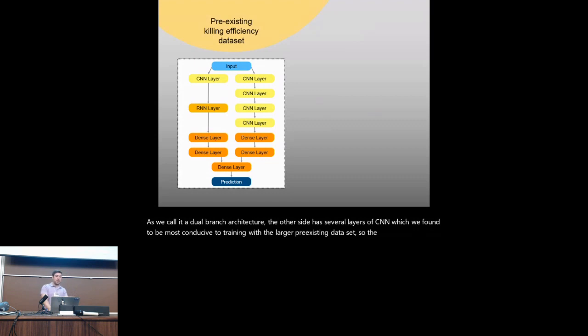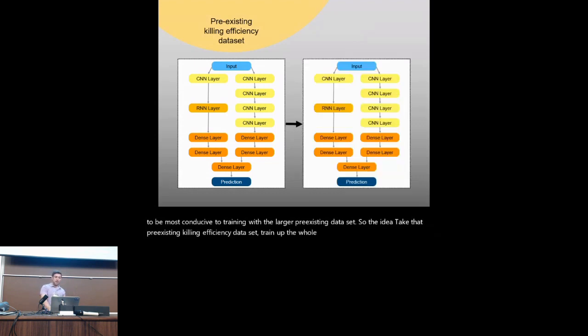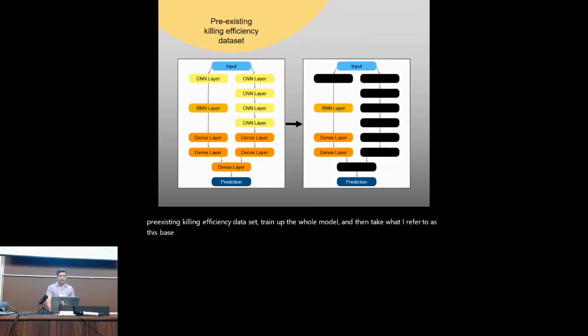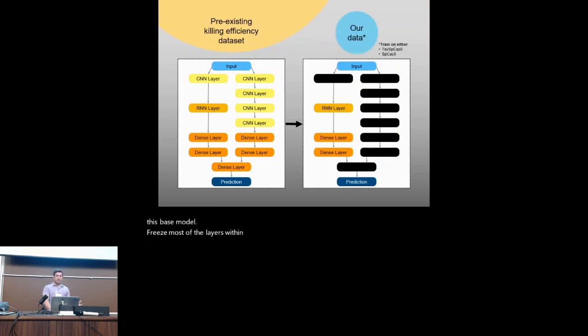So the idea is to take that pre-existing killing efficiency data set, train up the whole model, and then take what I refer to as this base model, freeze most of the layers within it, and then train up the model with our data, creating two different versions of the model for the two different nucleases, TEV-SP-Cas9 and SP-Cas9.